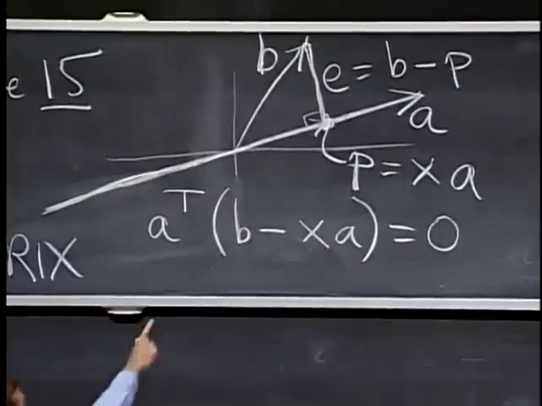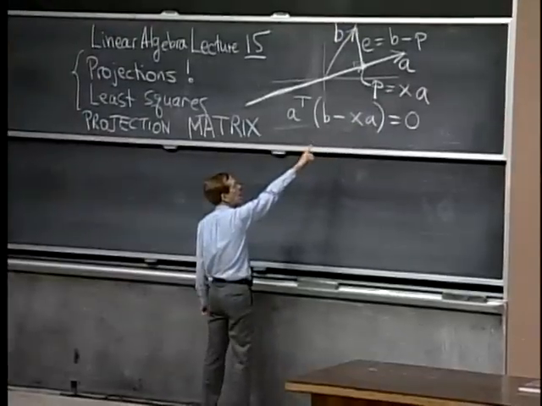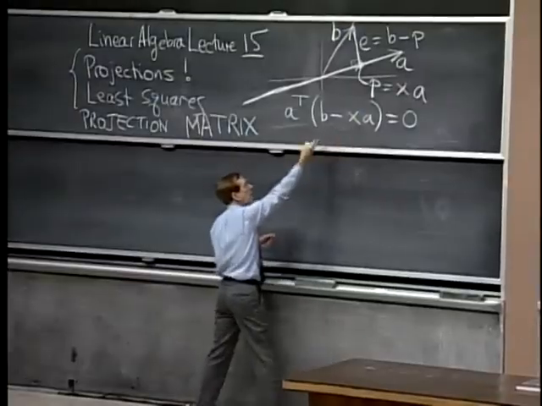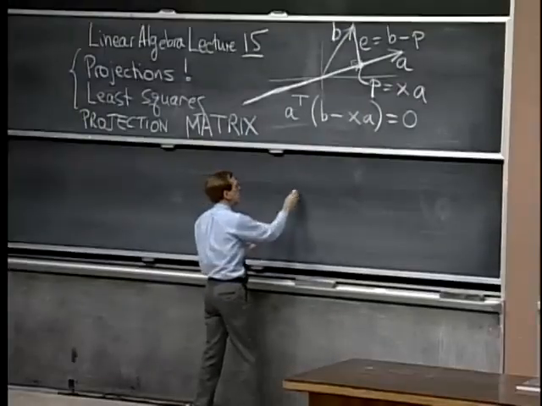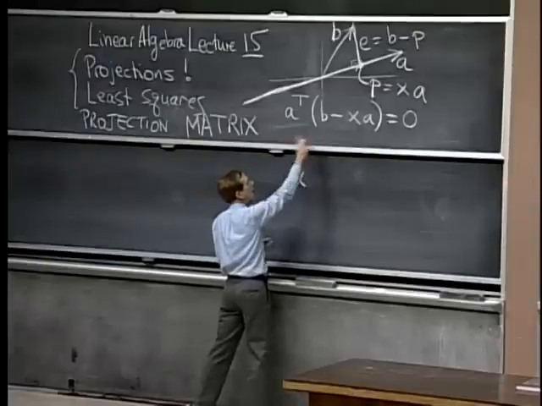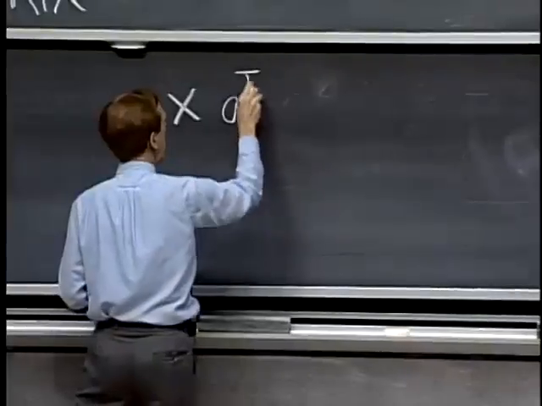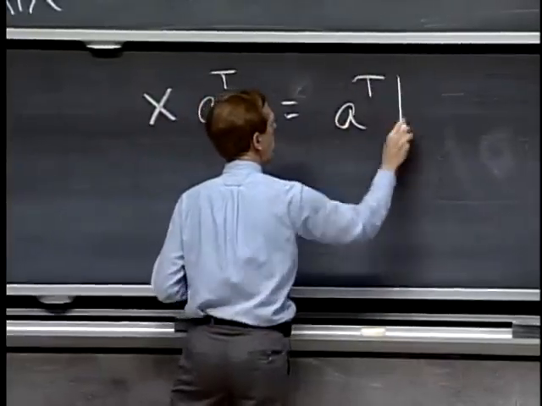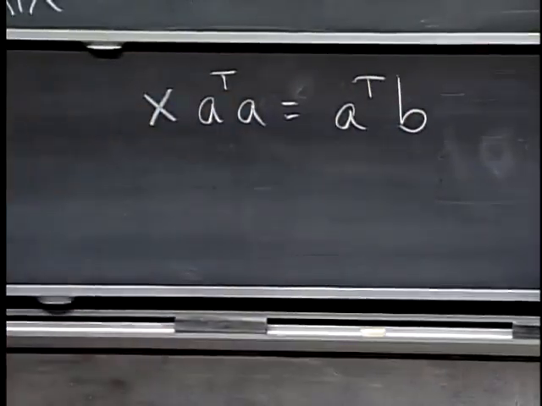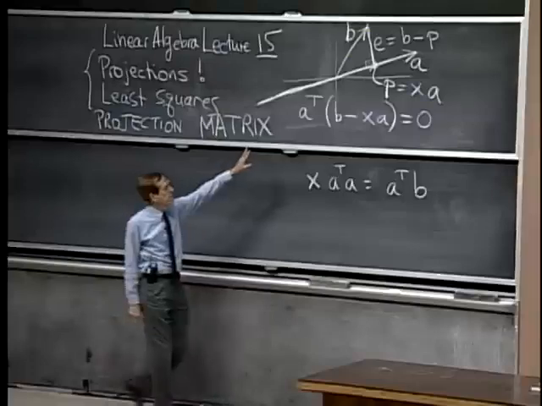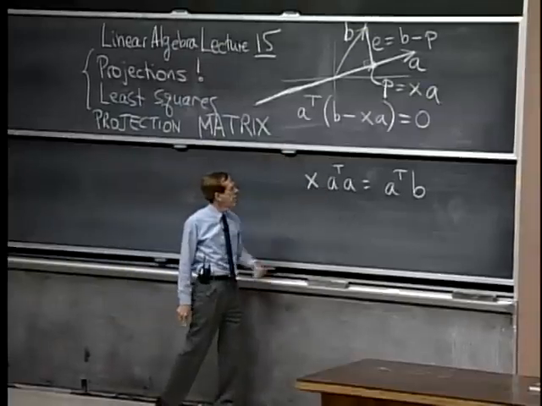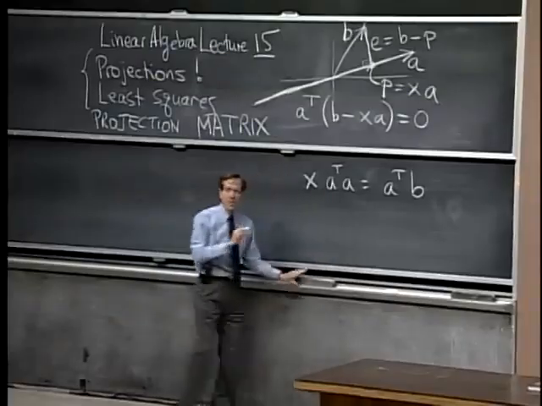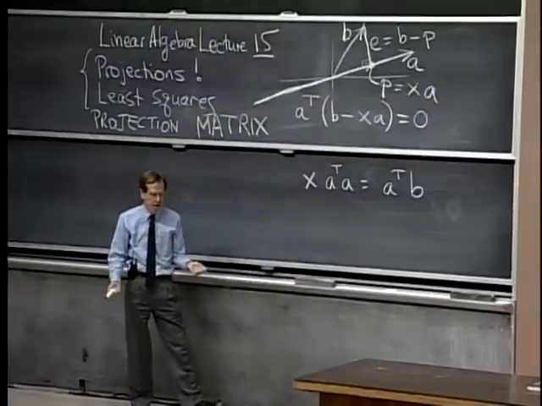Okay, so if I simplify that, let's see, I'll move one term to one side, the other term will be on the other side. It looks to me like x times A transpose A is equal to A transpose B. Right? I have A transpose B is one term, A transpose A is the other. So right away, here's my A transpose A, but it's just a number now.